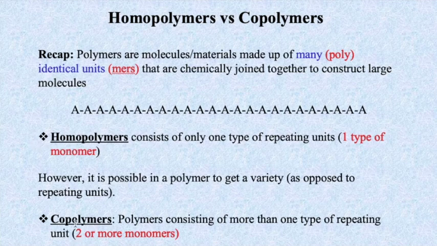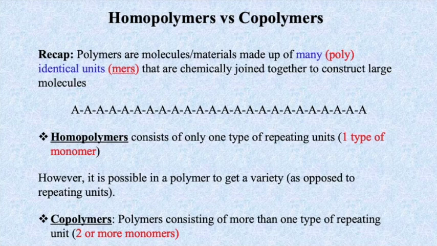So that will give a copolymer, which is a polymer that consists of more than one type of repeating unit. So that's the difference between a homopolymer and a copolymer.